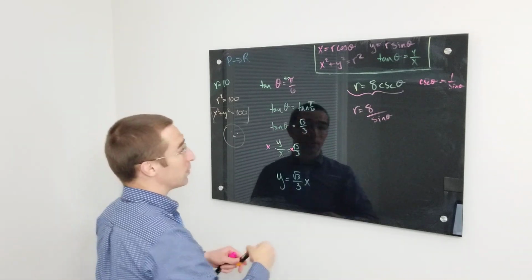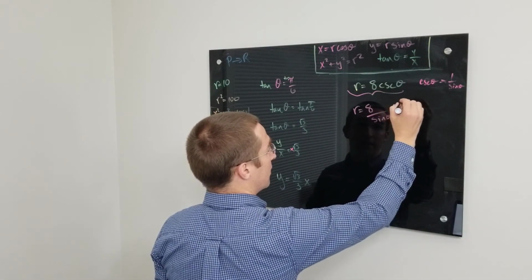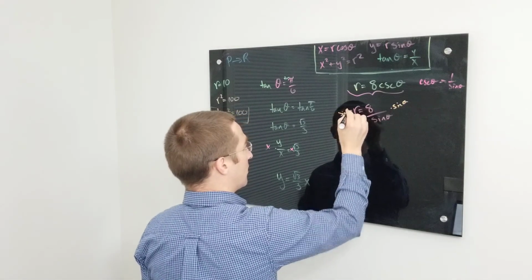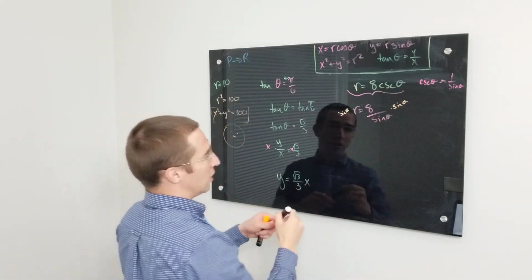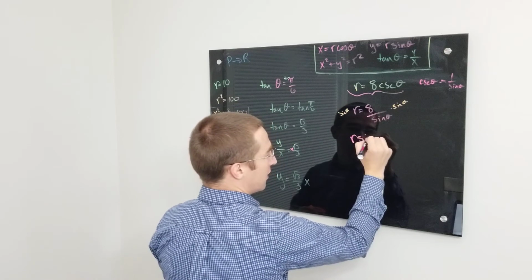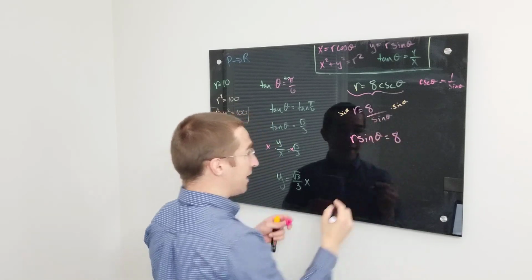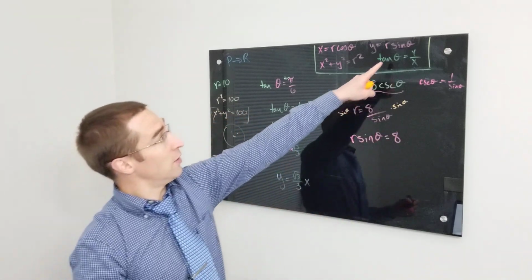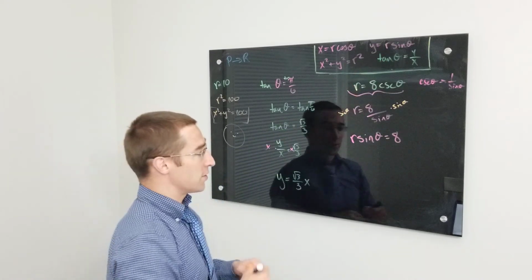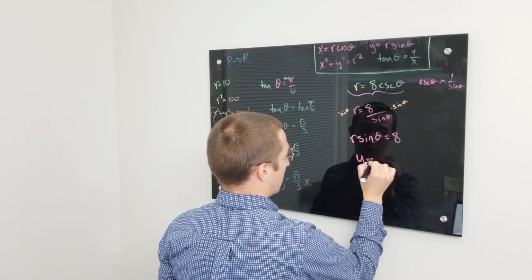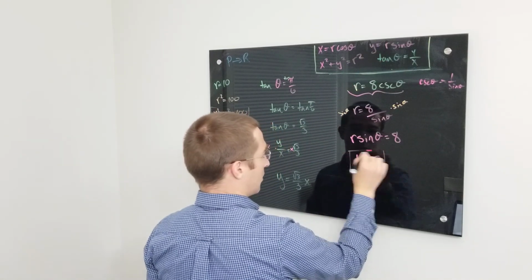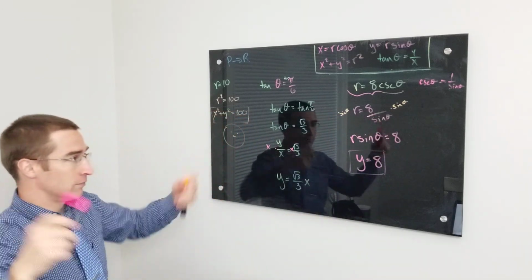I can multiply both sides by sine theta to get r sine theta equals 8. And, oh look, r sine theta is y. So here, y equals 8. Got it.